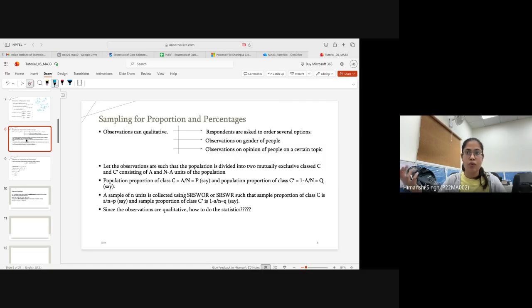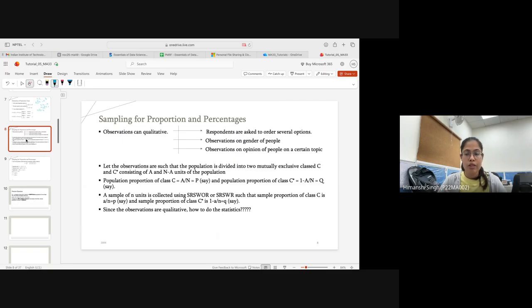For example, what is the number of people who like the apple juice the most, and all these things. If I want to know these things, then what should I do in order to do the statistics, so that I can manage to do the things mathematically?